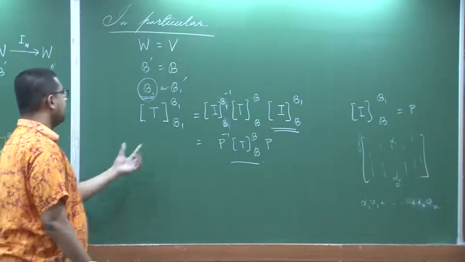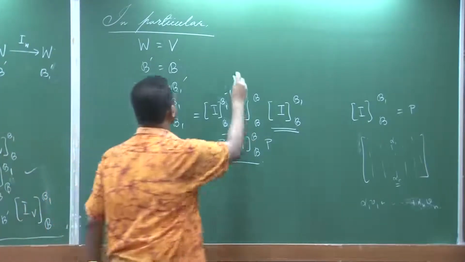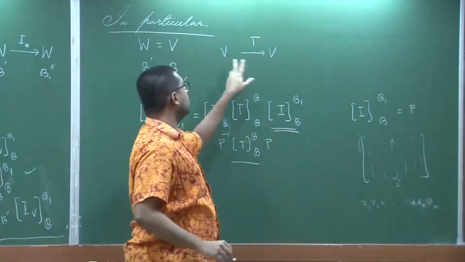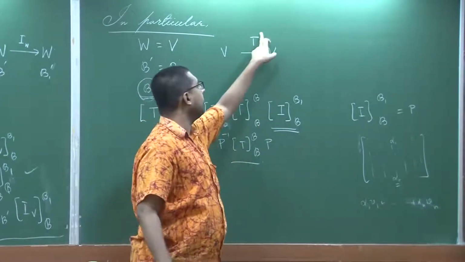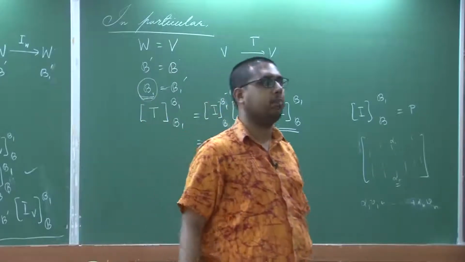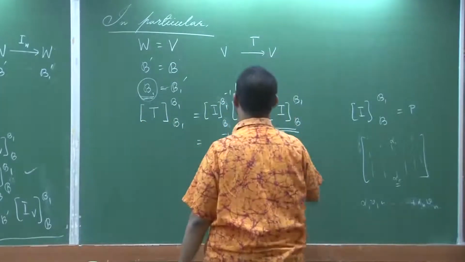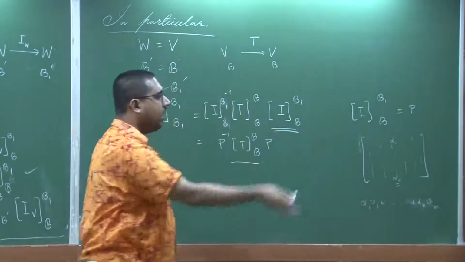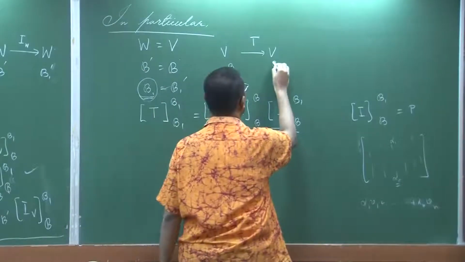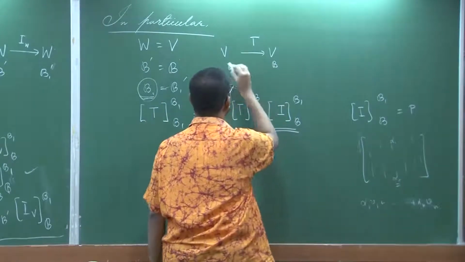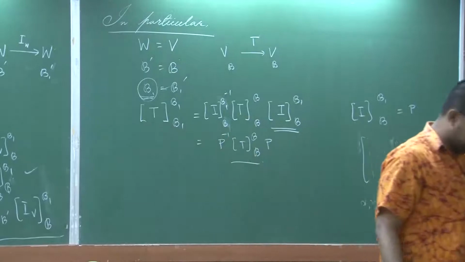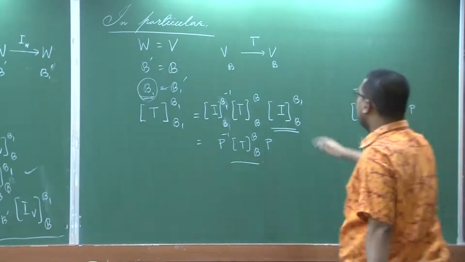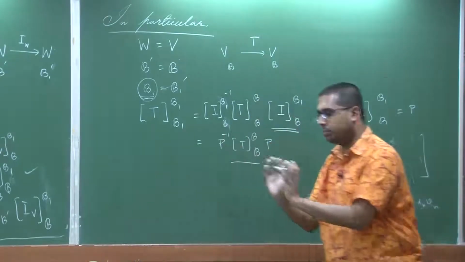So, what we see is, if both V and W are the same, then the linear map from V to V we usually call a linear operator, and for linear operators it is rather interesting, and we will see why. So, for linear maps, for the time being, let us just put it this way.